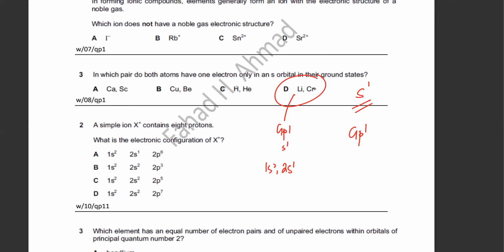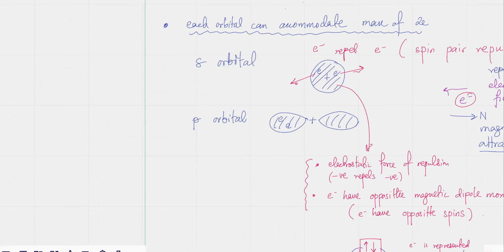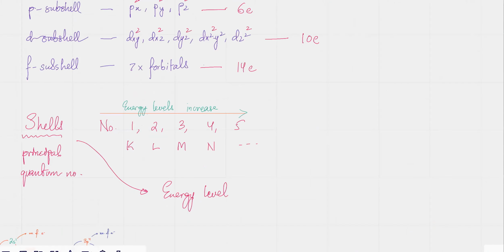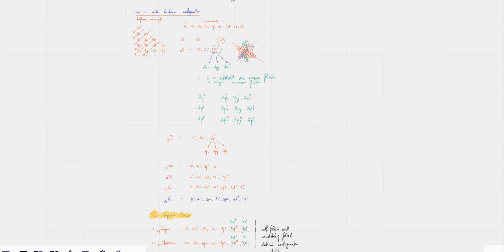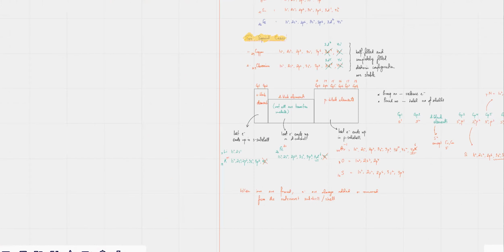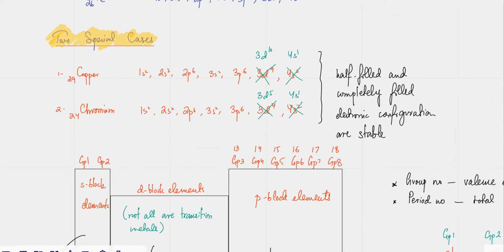Chromium is not group 1, but I told you that there were 2 special cases that you had to remember, their electronic configuration. The 2 special cases were transition metals, which we did. So I told you that for copper and chromium, you have to remember the electronic configuration because it doesn't follow the Aufbau principle exactly. It almost follows it, but not exactly.